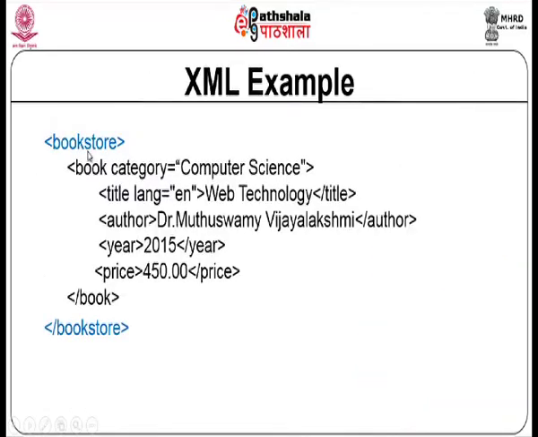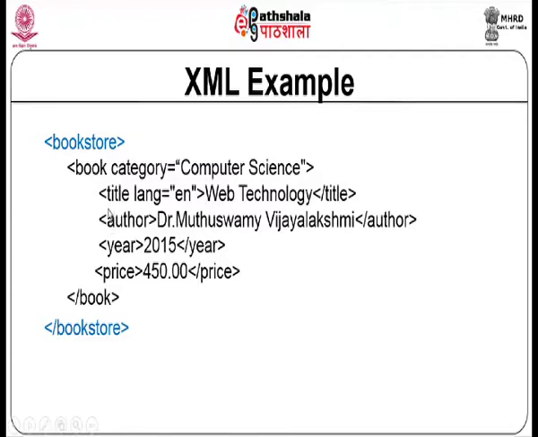Now, coming to this XML example, we can see that you have a bookstore element, which is called the root element of the XML document, and under that you have an element called book. You know that in an XML document every tag should be opened and closed properly. And this category is an attribute, called an attribute node.